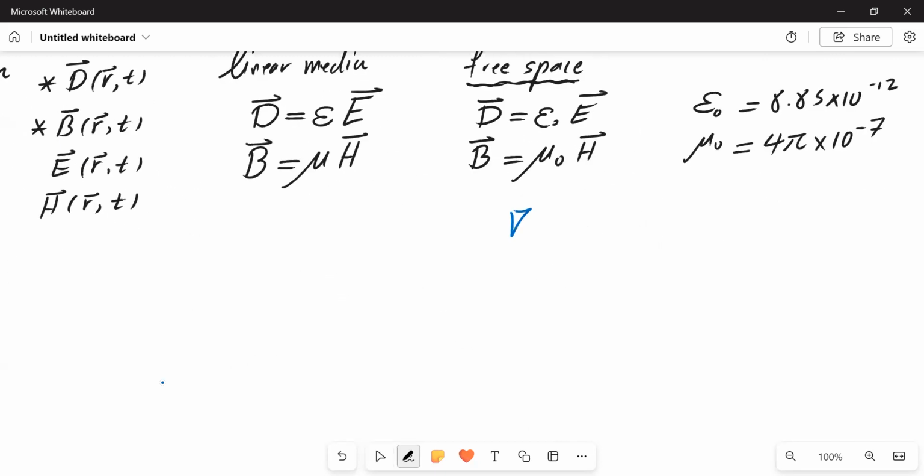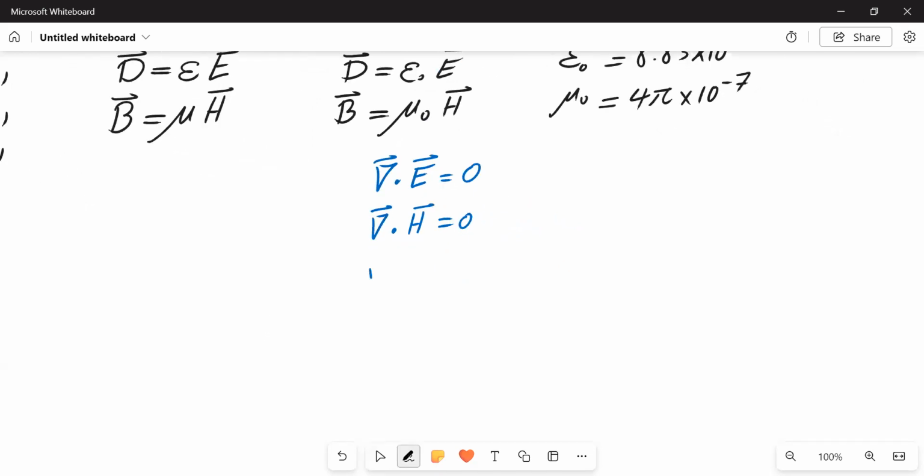The first equation would give the divergence of E to be zero. The second equation gives us the divergence of H to be zero. The third equation would result in this form. That would give the curl of E as minus mu naught times the partial time derivative of the magnetic field.